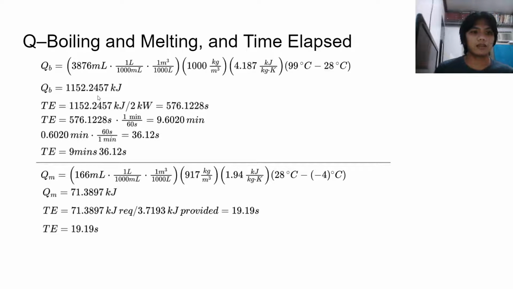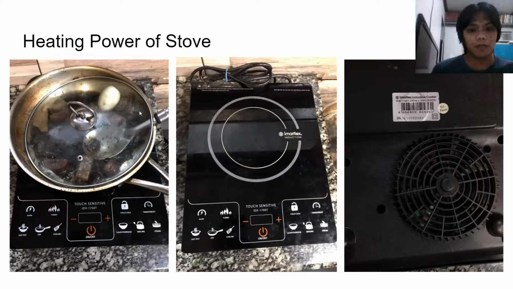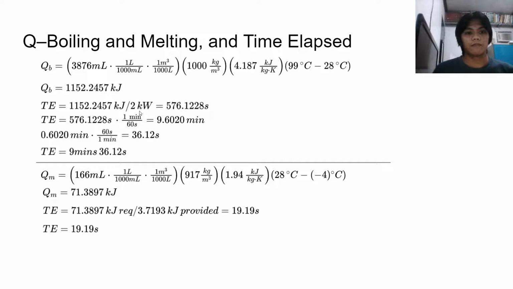So the heat that we calculated was 1152.2457 kilojoules. So for the time elapsed, we simply divided the heat by the heating power of the stove. So this resulted to 576.1228 seconds.